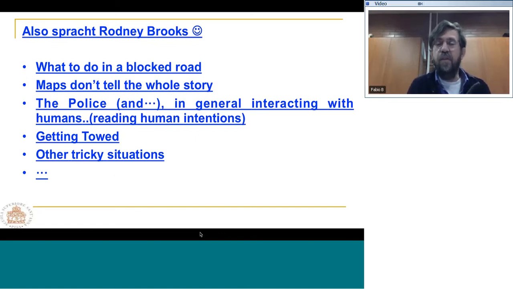Because what a human would do would be that you would slowly, even if it is not permitted by the rules, retract and go back and creep into another road. The robot will stay there forever.